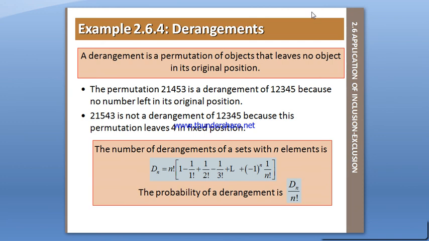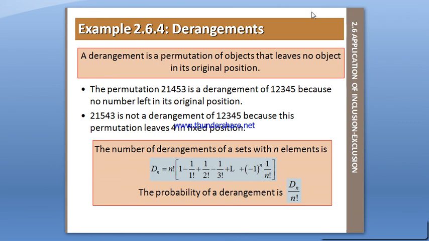So, if no number is left in its original position and we have a permutation of the given numbers, such a permutation is called a derangement. To find the number of derangements of a set with n elements, we use the formula, which we got by the application of the inclusion-exclusion principle.